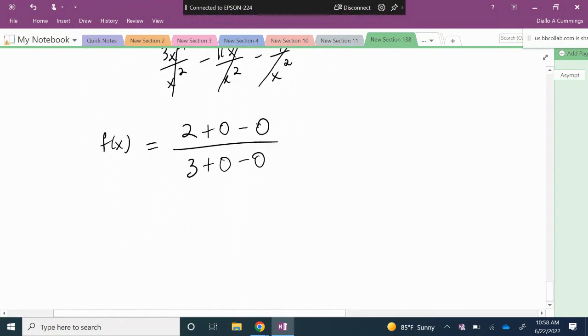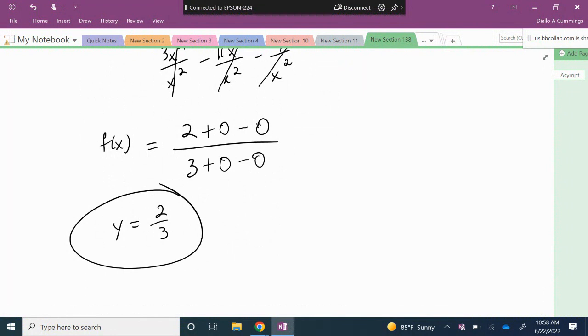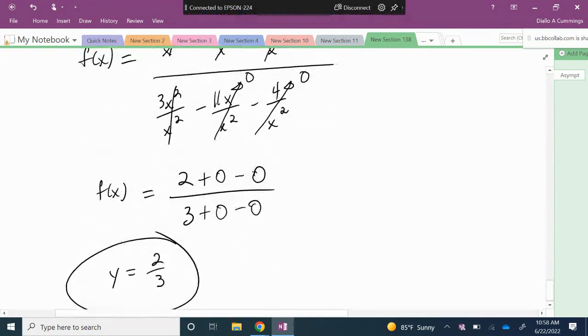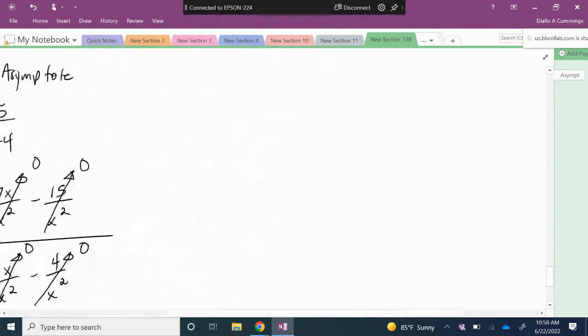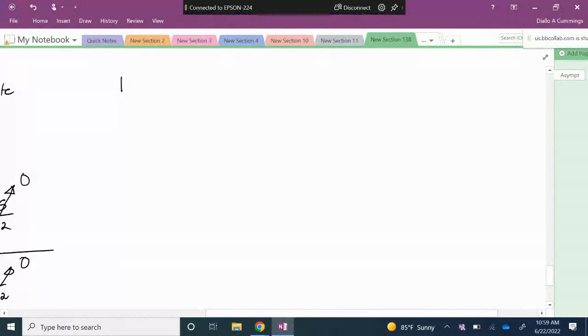So we have f of x, which we can write as y is equal to 2/3. And that is the equation for the horizontal asymptote. Next, we'll take a look at the vertical asymptote.